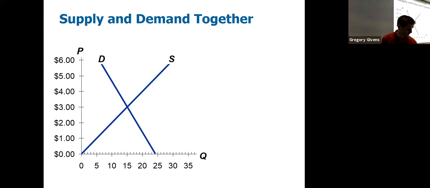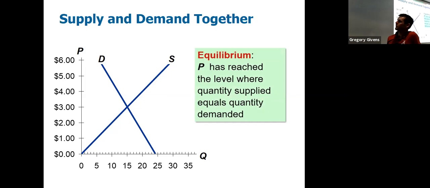Okay, it turns out that there is only one price at which quantity demanded is equal to quantity supplied. And you guys all know this. This goes all the way back to your high school econ classes. It occurs right here at the intersection of the supply and demand schedule, right? So in this little example here, I haven't specified what good this is. This is just any arbitrary item. The equilibrium price occurs here at $3.